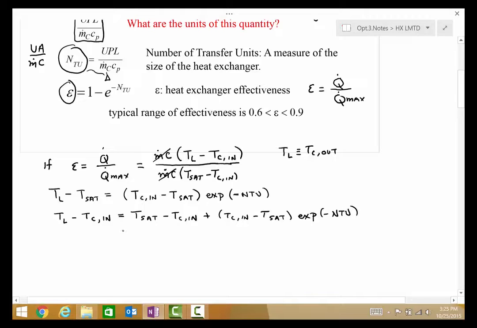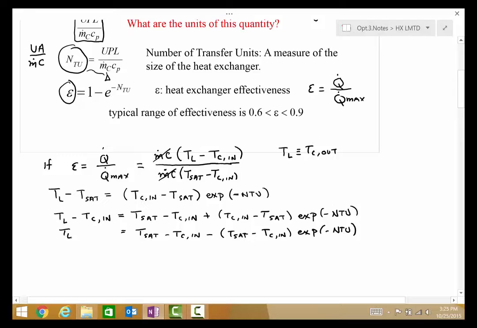And we can change this pretty easily: Tsat minus Tc in, minus Tsat minus Tc in, times exponential minus NTU.